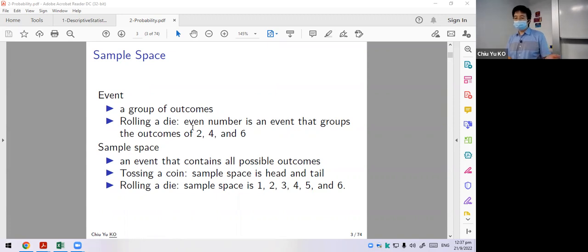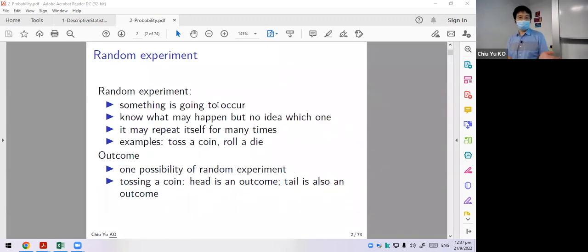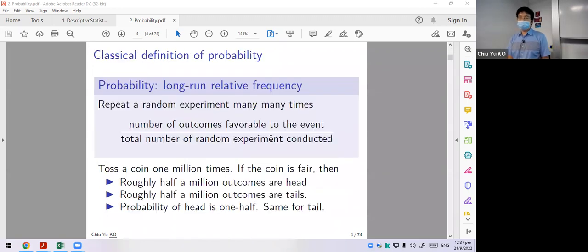Because we're talking about a random experiment, it repeats a lot of times, so even things very unlikely will appear. We have full knowledge about that, and that's why we come to what we call the classical definition, also a definition you learn in high school, or what you can observe in your intuitive sense: you repeat this experiment many times.